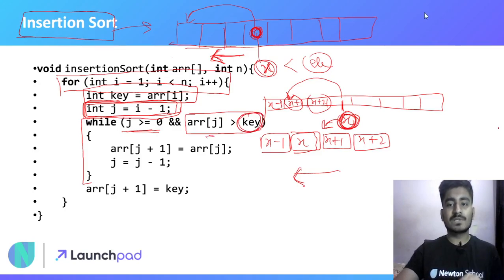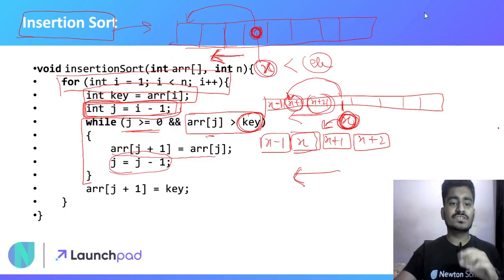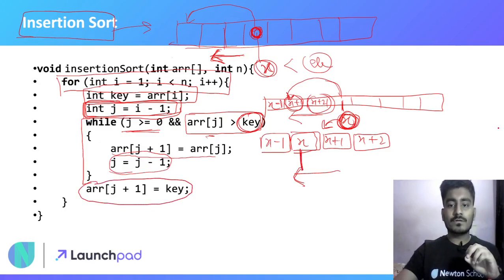Same thing I have explained to you, that while you are iterating towards left, what you will do is simply shift all the elements to the right by one position, and after every iteration you will decrease j by 1, and at the end what you will simply do is put your key at this index. So you will make array of j plus 1 equal to key, okay.